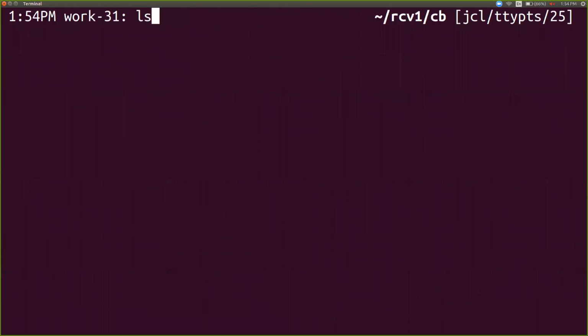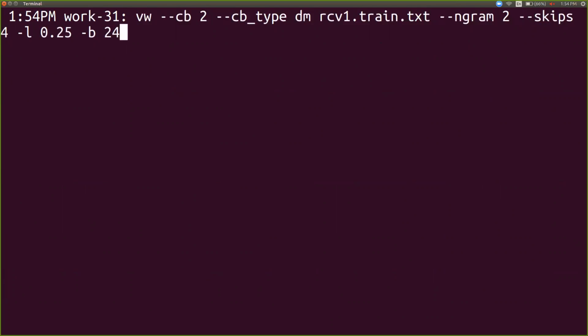Now what I can do is say I'm doing contextual bandit learning. There are 2 actions. The way I'm going to estimate things is with the direct method.